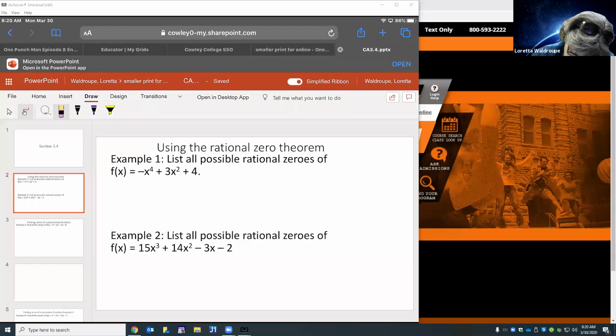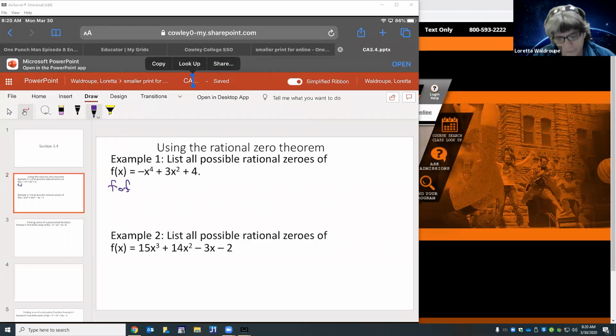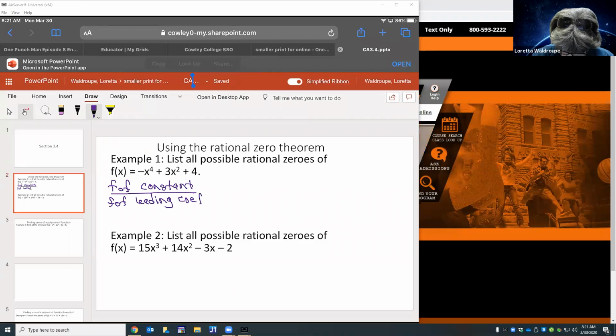And it's the factors of, so I'm going to use FOF to represent factors of the constant, or the term without a variable, over the factors of the leading coefficient. And the leading coefficient is the coefficient of the term with the highest power.